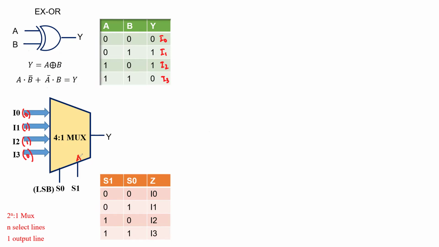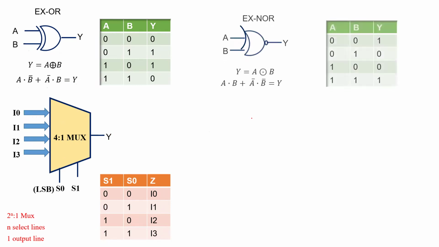So that when S1 and S0 are selected in these four possible combinations, either I0 through I3 gets connected to the output Z. And finally, this output is basically implementing or behaving as the logic exclusive OR function, because they are getting connected one by one to the output. So this is how we've seen how we implemented two input exclusive OR logic using a multiplexer.